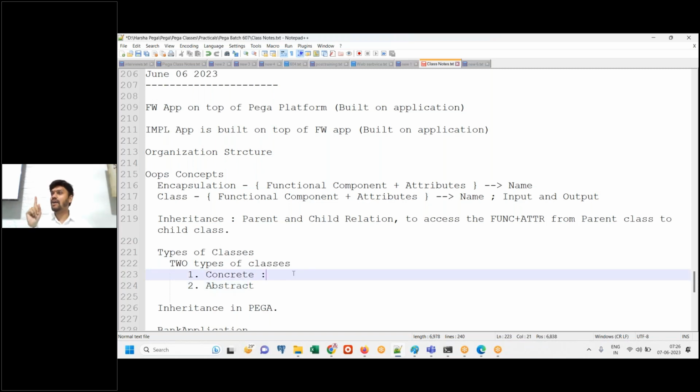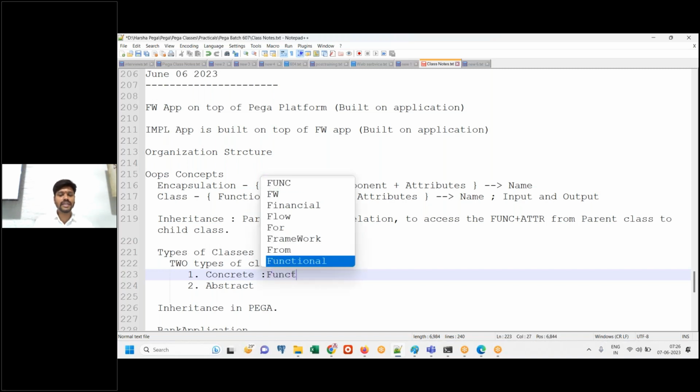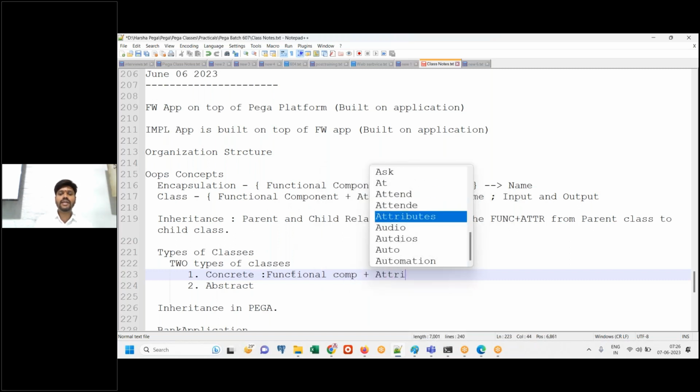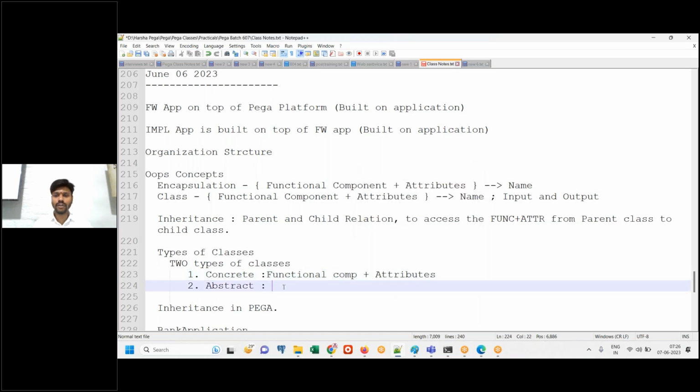Whether it is a concrete class or an abstract class, if you leave aside those first two terms, both are classes only, right? Both will have functional components and attributes, and both will have a name. And as I told you, when I talk about the definition of a class, it takes input and produces an output, meaning you execute it and it runs, yes or no?